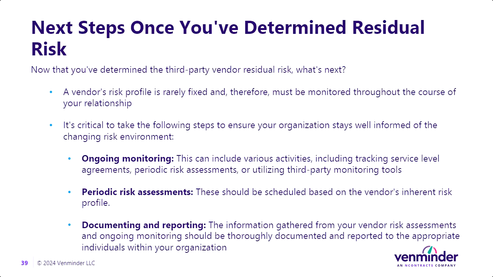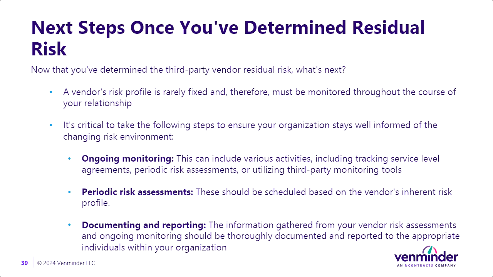So what happens next? Again, that risk profile is not fixed, and it needs to be monitored throughout the course of the relationship because we all live in an ever-changing environment. So you are going to do ongoing monitoring, and that can include various activities such as tracking service level agreements, doing those periodic risk assessments. Maybe you're going to be utilizing some monitoring tools to have a snapshot view of the vendor's controls and risk profile.